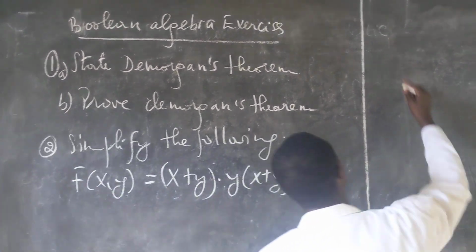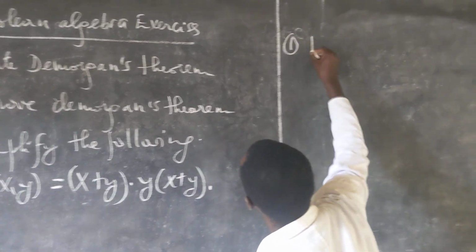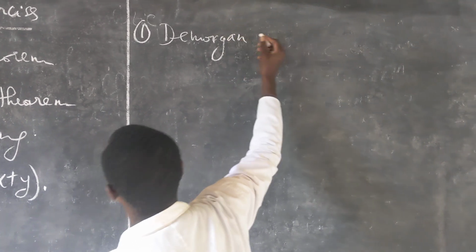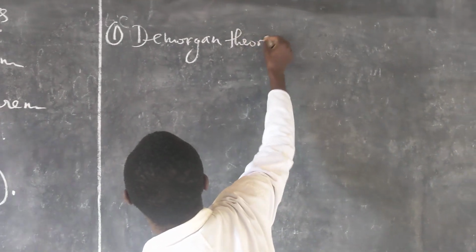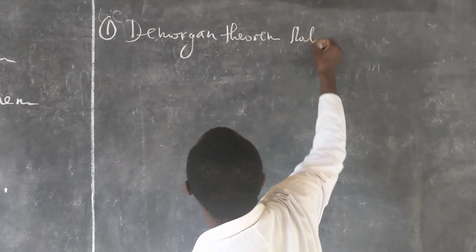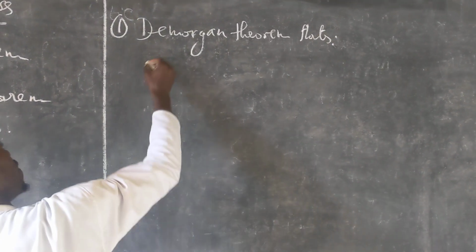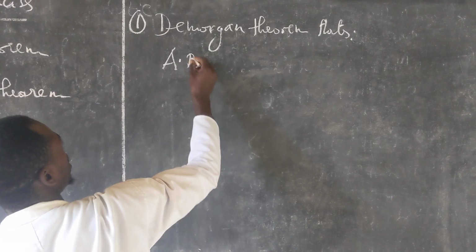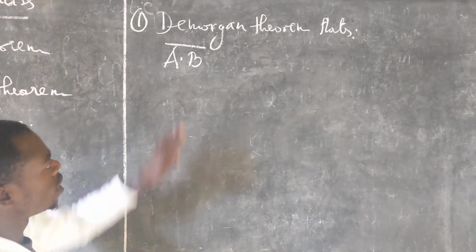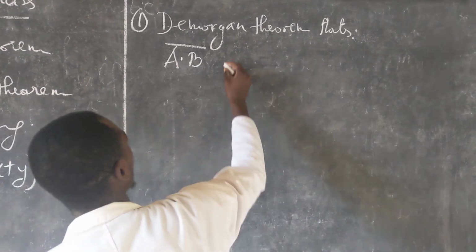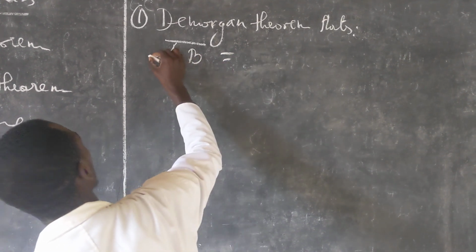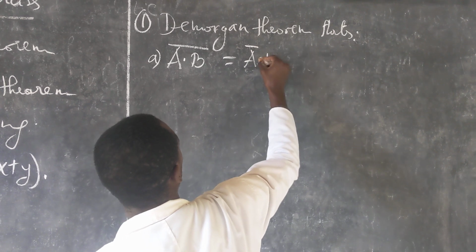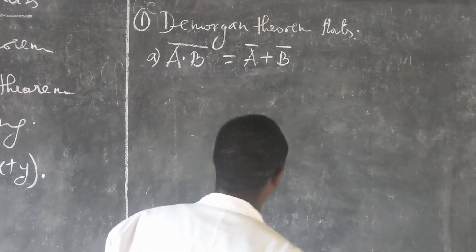So now, the first one, De Morgan's theorem. De Morgan's theorem states that A cross B negation, meaning that this is A and B, negation, is equivalent to A negation plus B negation.